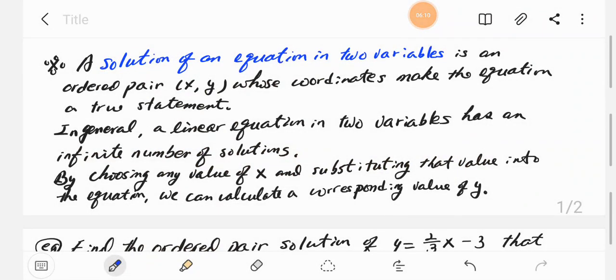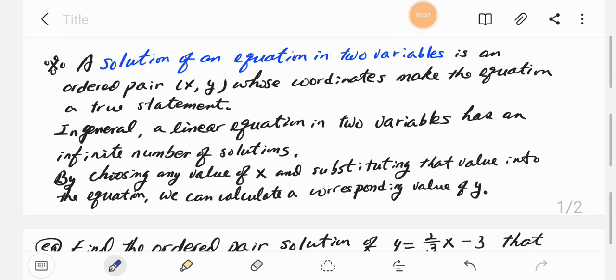A solution of an equation in two variables is an ordered pair (x, y) whose coordinates make the equation a true statement. So you have an equation, and if the given ordered pair satisfies the equation, then yes, that ordered pair is a solution.